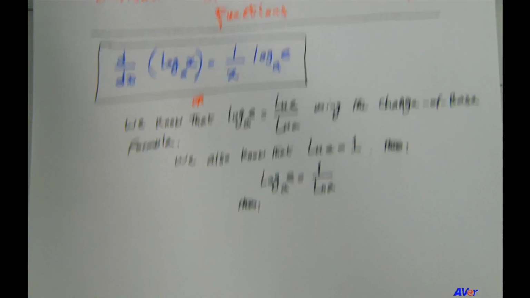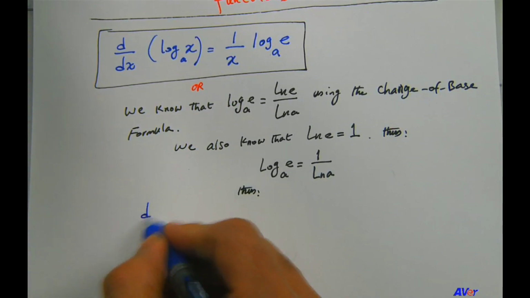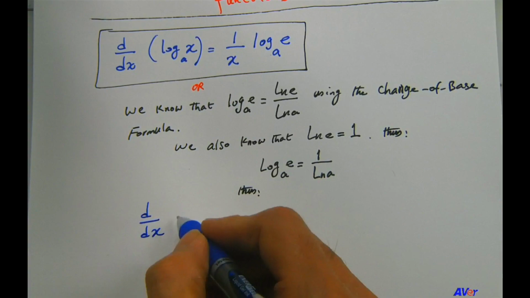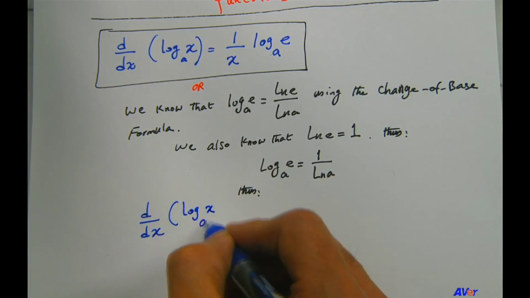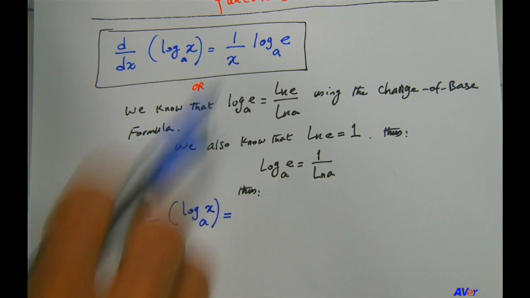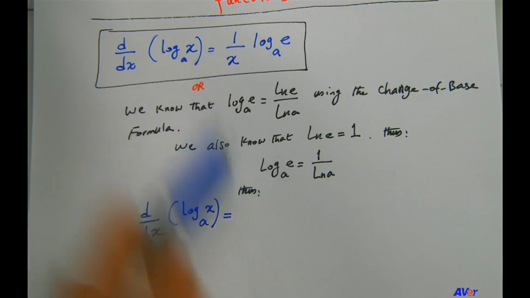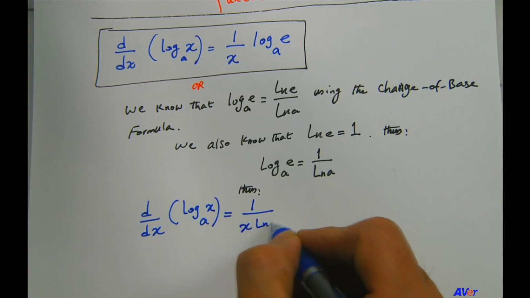Therefore, we can rewrite the derivative formula in this form: d dx of log of x to some base a is equal to 1 over x times natural log of a.